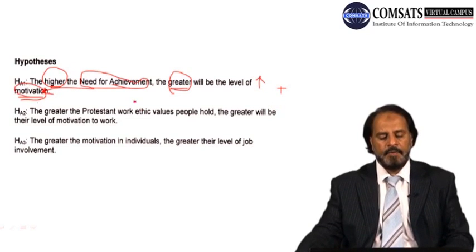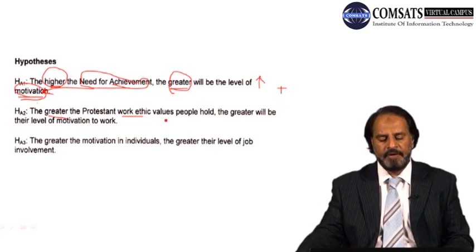Correct? Another one: the greater the Protestant work ethic values people hold, the greater the motivation. Again, two variables, work ethic and motivation, and you can see this relationship is drawn, and it's a directional type of hypothesis statement, and we're saying there's a positive relationship between these two.